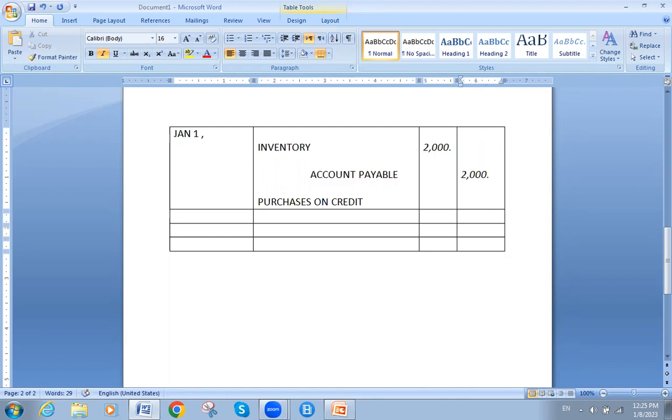Let me remind you what we said before in the previous lecture. We said that the debit is slightly to the left, and the credit is slightly to the right. And I showed you now how to do it in Word, and you can do it also in Excel. You can do the same thing in Excel, but actually it will be like lines.